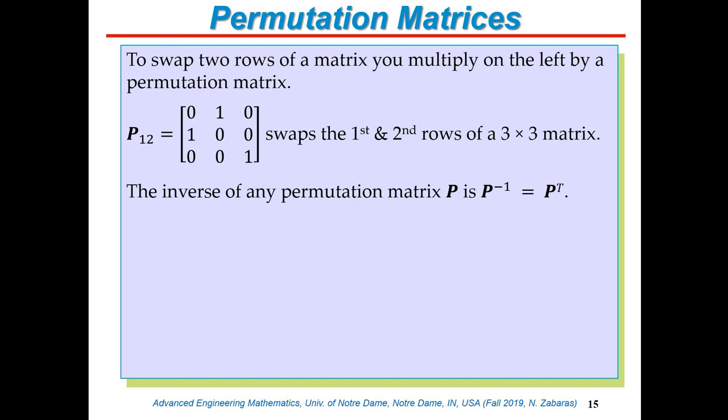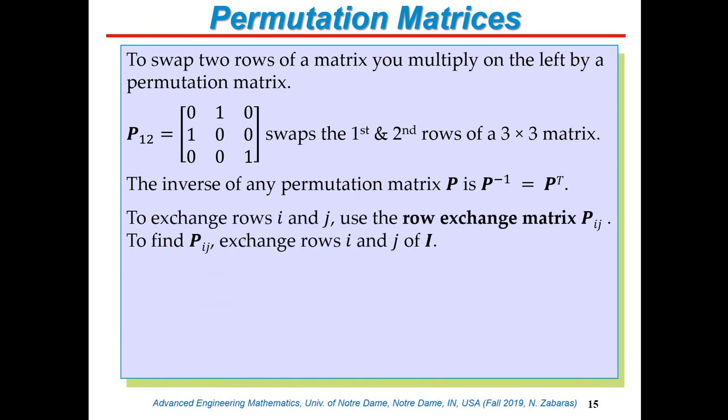What I want you to think is that the permutation matrix is a matrix that does exchanges of rows of the identity matrix. I'm going to show you this in an example on the next slide for 3 by 3 matrices. So it does exchanges of rows of the identity matrix.